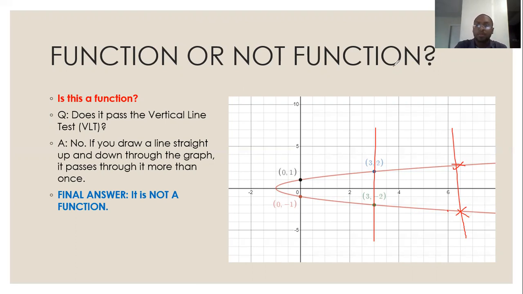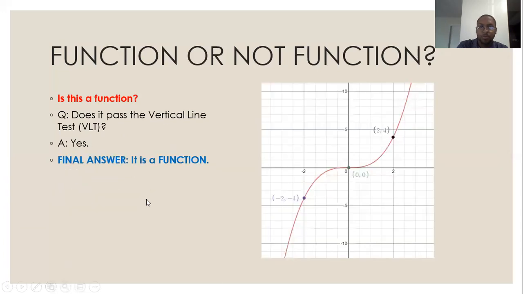So we can go to the next one. Let me clear all these. And how does it pass through? Once.